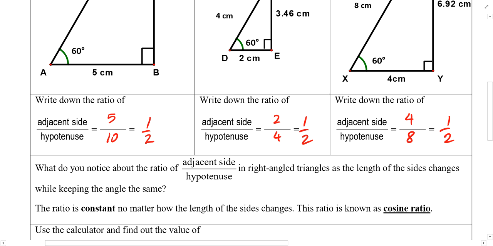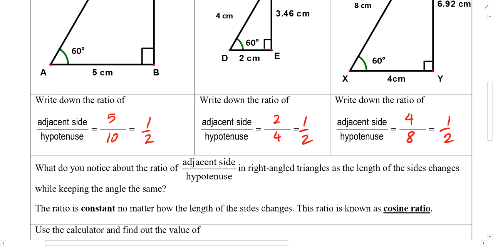And quite clearly, you see that the ratio of adjacent over hypotenuse is half. It doesn't matter what size the triangle is, as long as it is 60 degrees over here.